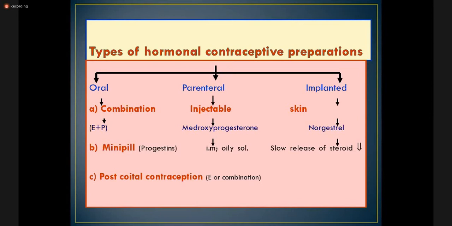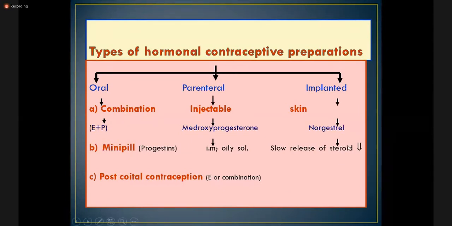Then implanted, that is the tubes. These are tube-form preparations that are placed below the skin. Usually 5 tubes are placed below the skin, and it will give contraception for about 5 years, because they are slow-releasing steroids.